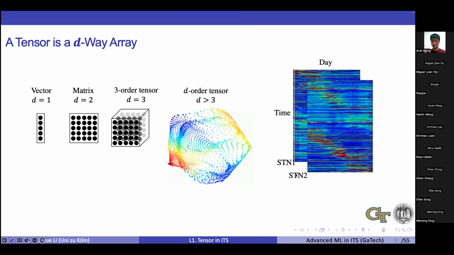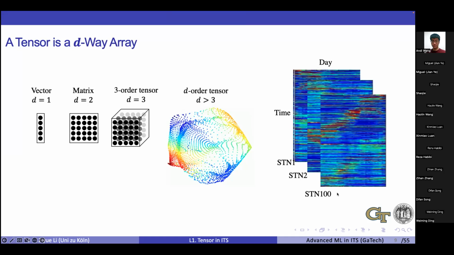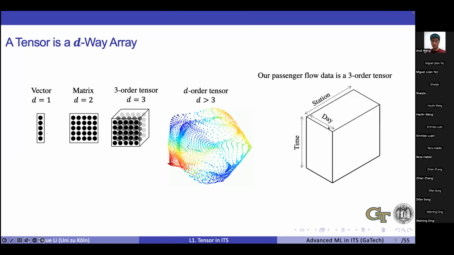If we look at station 2 all the way to station 100, then we can formulate our data as a 3-order tensor with the dimensions of station, day, and time, and each value inside the 3-dimensional tensor is the passenger inflow.